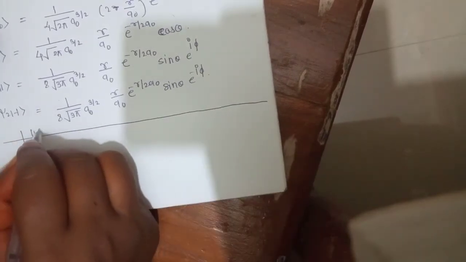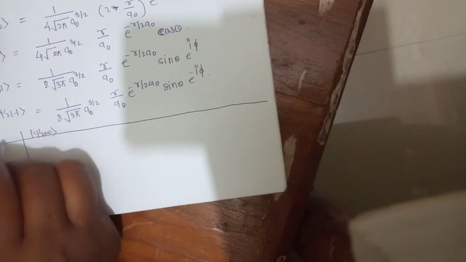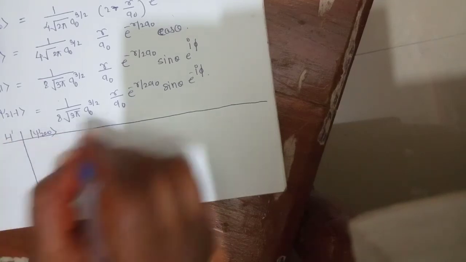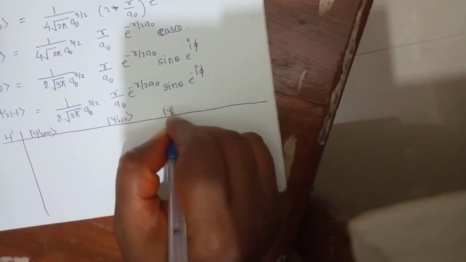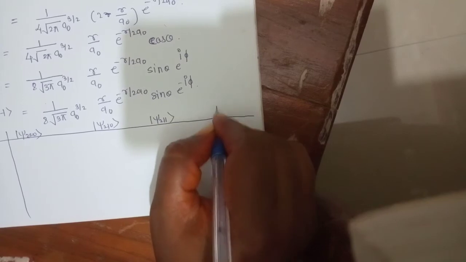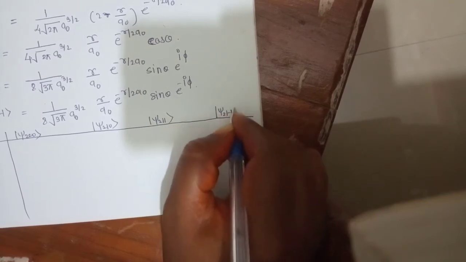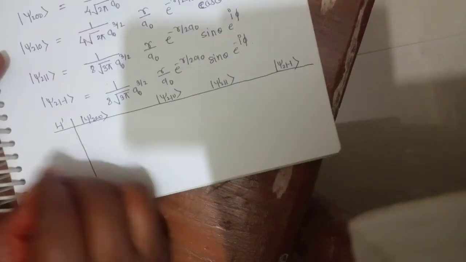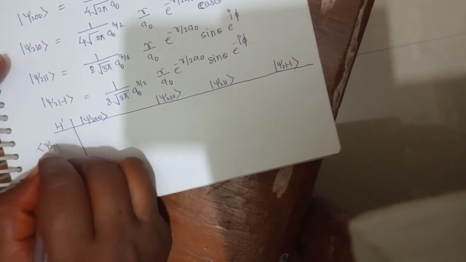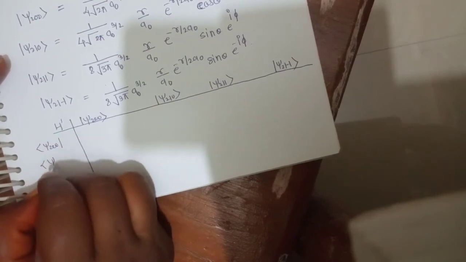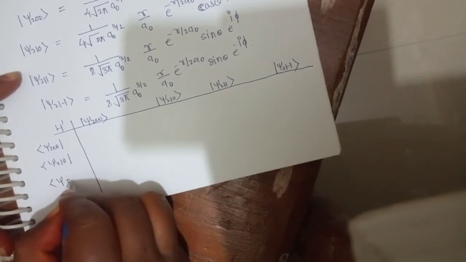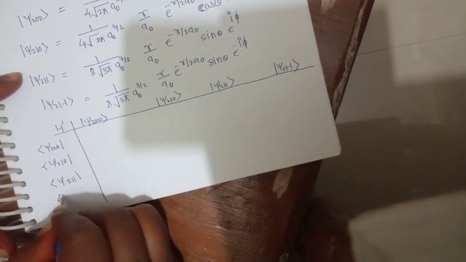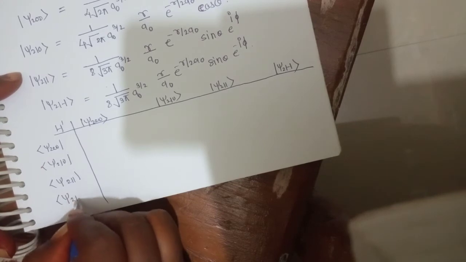So here we write H prime with kets psi 200, psi 210, psi 211, psi 21 minus 1, and here the bras psi 200, psi 210, psi 211, psi 21 minus 1.